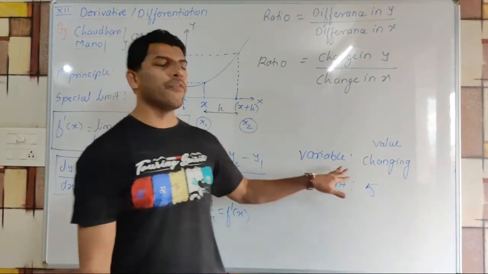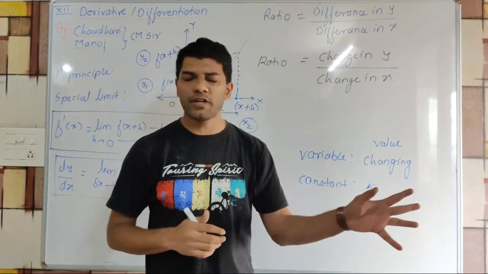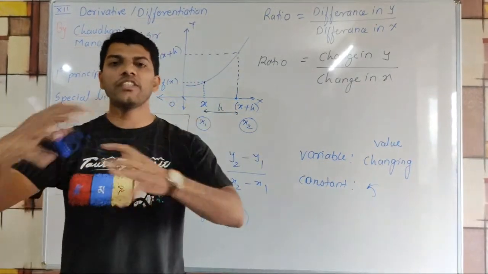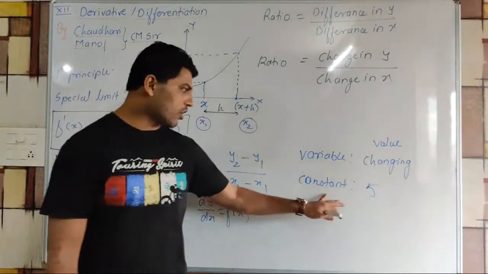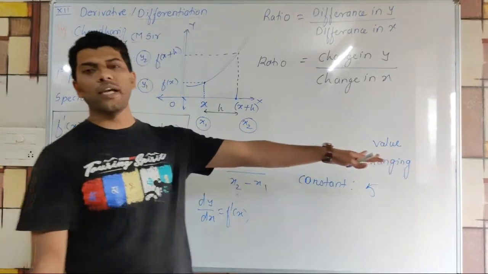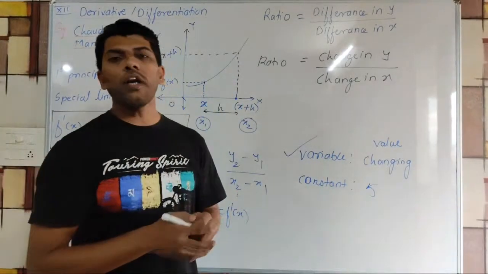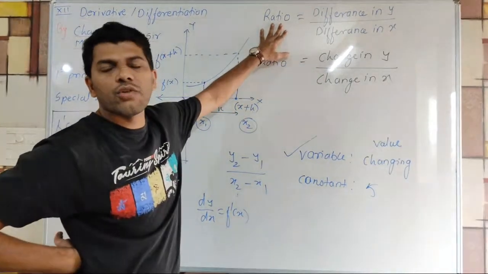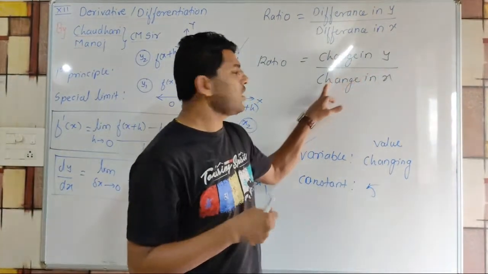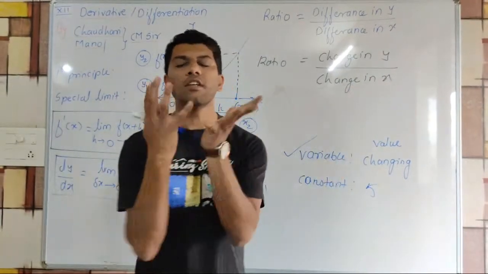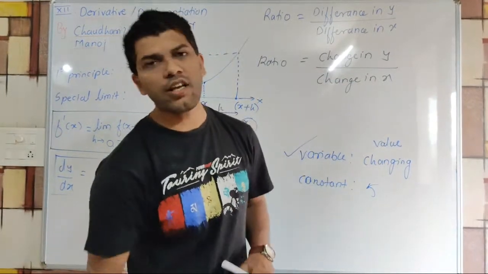But a variable means its value changes with respect to time or some other factor, but it goes on changing. What is a derivative? Derivative is a ratio of change in one variable with respect to change in another variable.